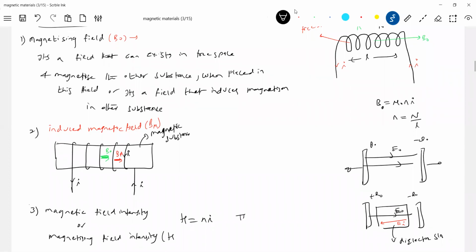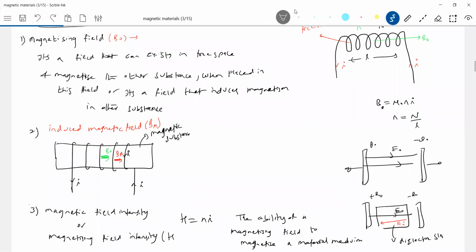The ability of the magnetizing field to magnetize a material medium. Or nothing but it's a measure of how much magnetizing field can exist in space and can magnetize other substance. How much magnetizing field we are expressing by H. I think it's quite clear.